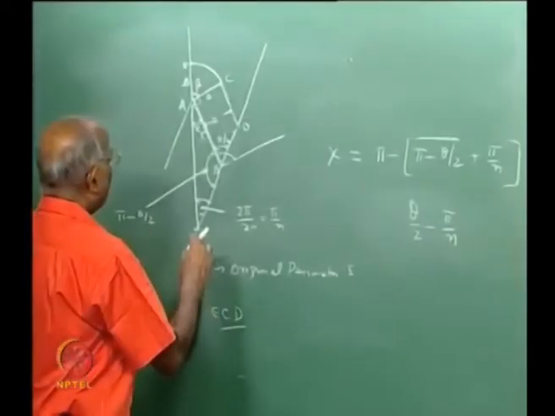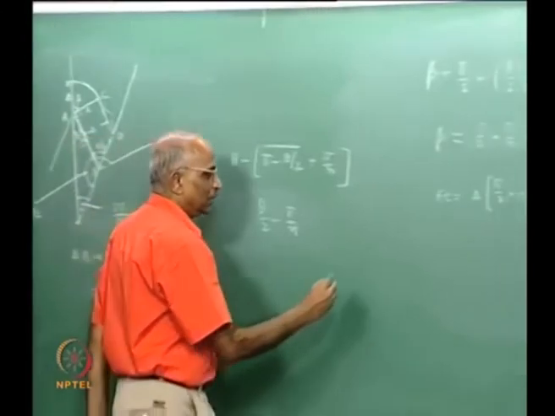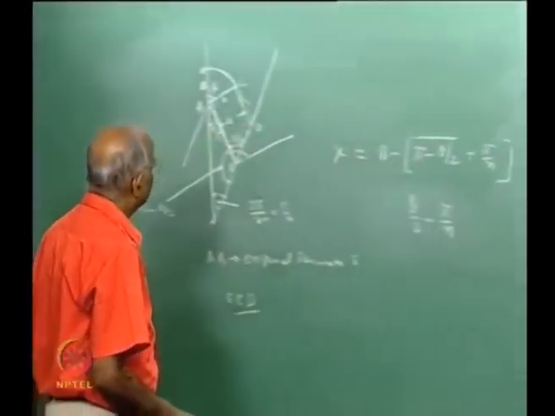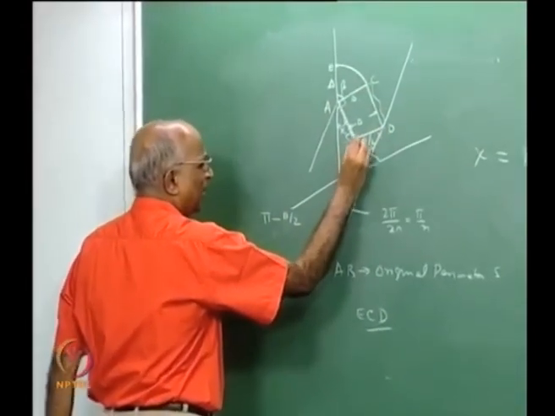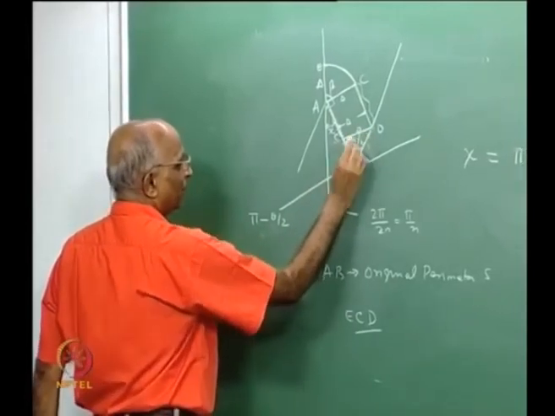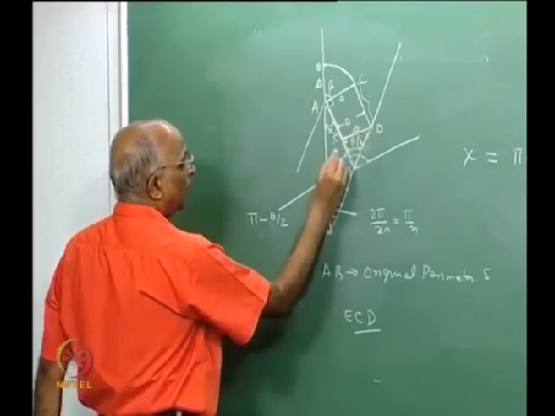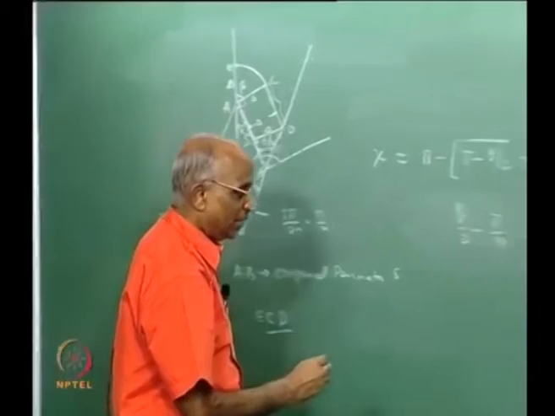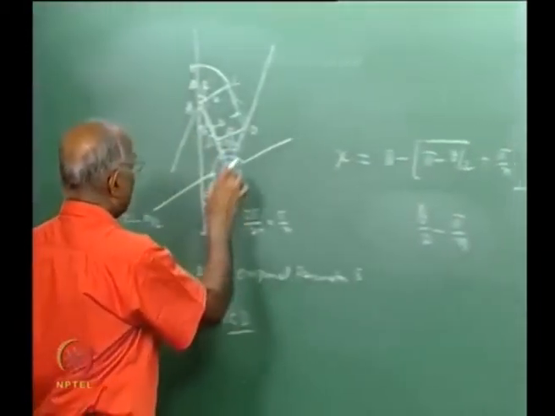What is the value of CD now? How do I get this value? Immediately I tell myself, hey, this is also a right angle, I can have a right angle over here. This distance is delta, and now if I subtract this distance from S, that means it is S minus, and what is it I am subtracting?